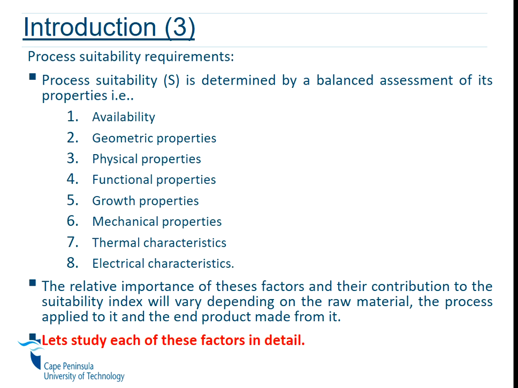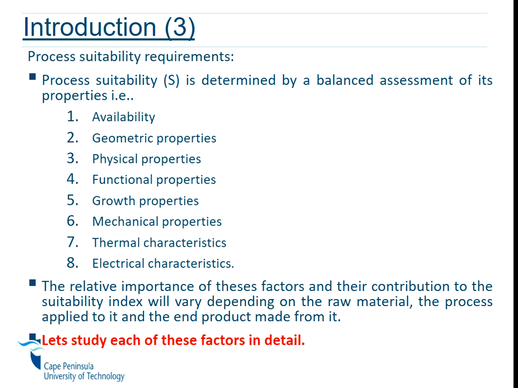So, process suitability is therefore determined by a balanced assessment of its properties. One is the availability of the raw material. Is the raw material available? The geometric properties of the raw material, the physical properties, chemical properties, growth, mechanical, and even thermal and electrical properties.